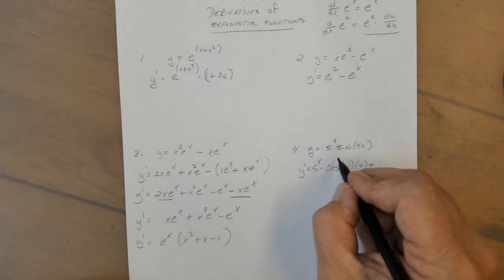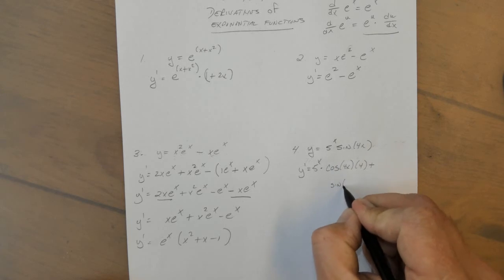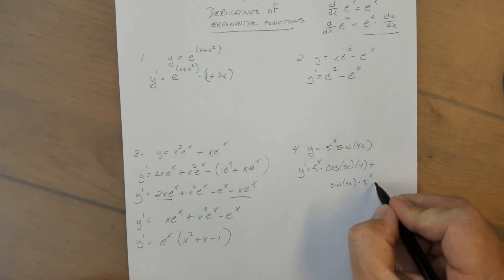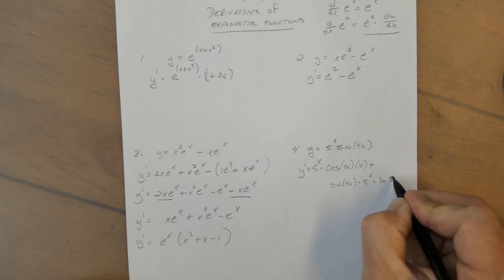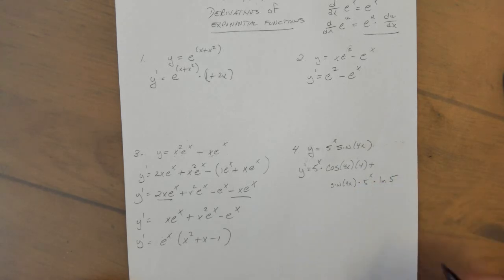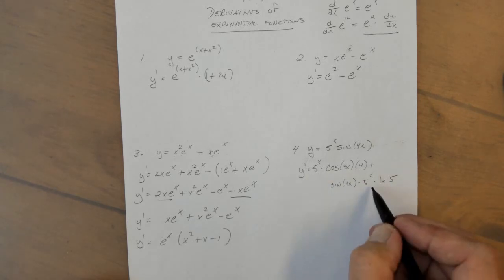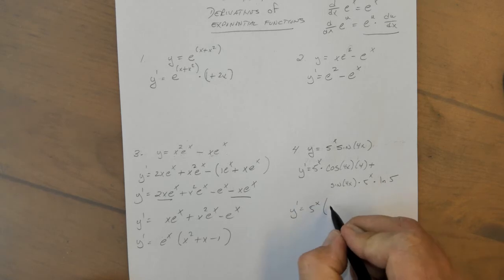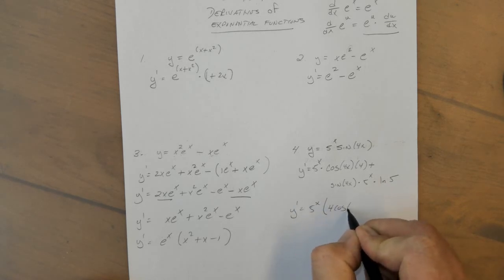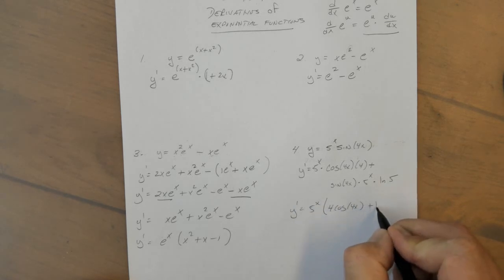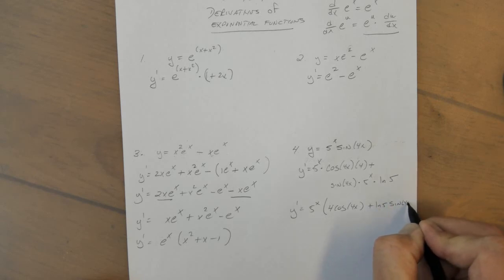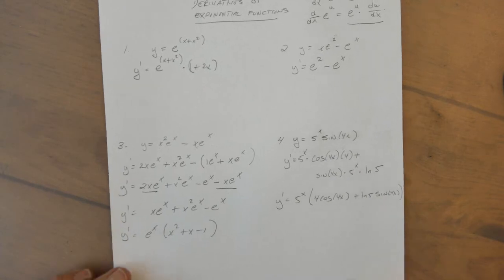Now we're going to have sine 4x times, now the derivative would be 5 to the x times the natural log of 5. So the one thing I could do is factor out a 5 to the x here, and that leaves me with 4 cosine 4x plus the natural log of 5 times the sine of 4x.